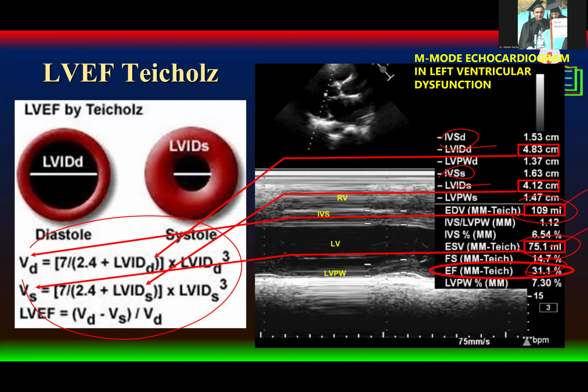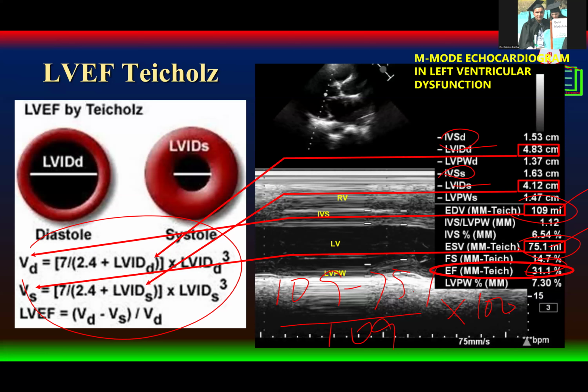This ejection fraction can be calculated by 109 minus 75.1, divided by 109, multiplied by 100. So this will be the ejection fraction if you calculate it. And fractional shortening, which is 14.7, can easily be calculated from these two systolic and diastolic ventricular dimensions.